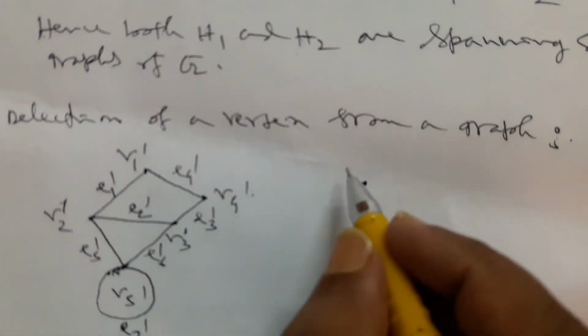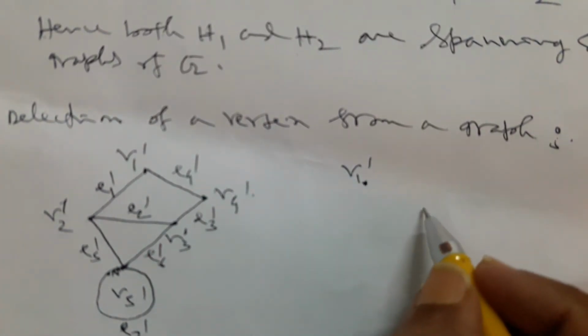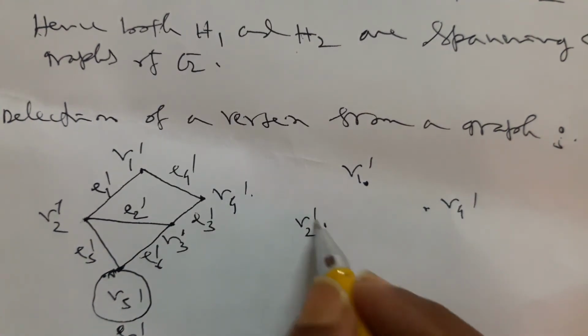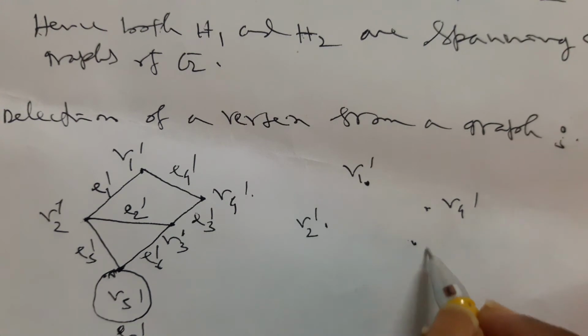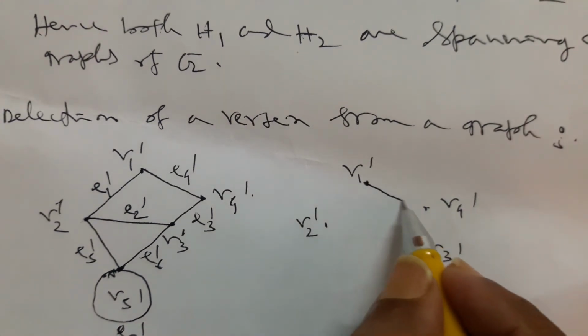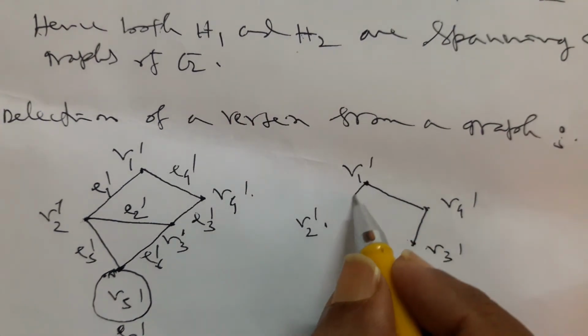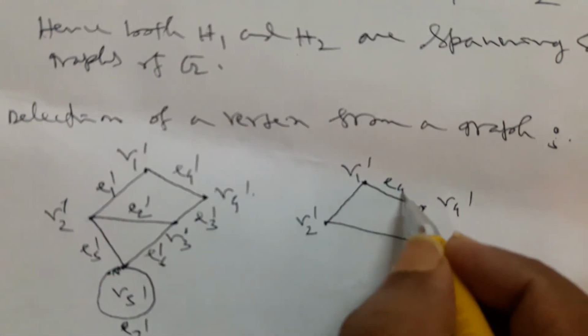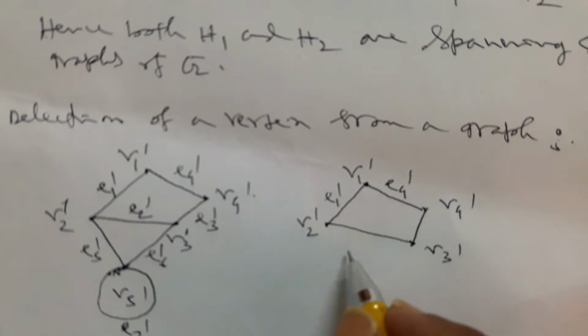And now if we look at the given figure, v1 dash, v4 dash, v2 dash, v3 dash, with edges e4 dash, e1 dash, e2 dash, and e4 dash. So what happens there?